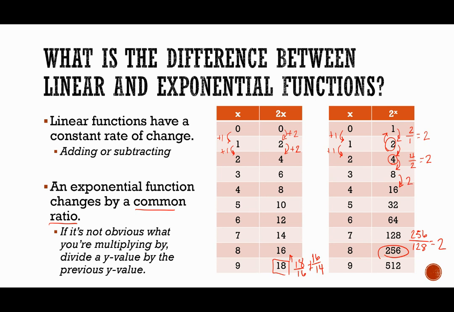We're multiplying by 2 every time. 16 times 2 is 32. 32 times 2 is 64. And then my linear function, I am adding 2 every time. That is a super important concept. Your linear functions are adding and subtracting. Your exponential functions are multiplying.